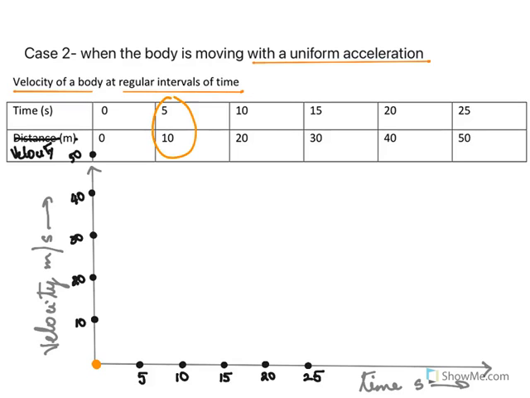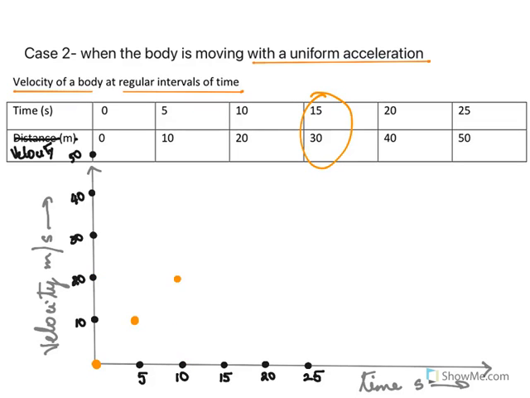Next we have time 5, velocity 10 meters per second. Next time 10, velocity 20. So time 10 along this line, velocity 20 would be along this line, they would meet here.